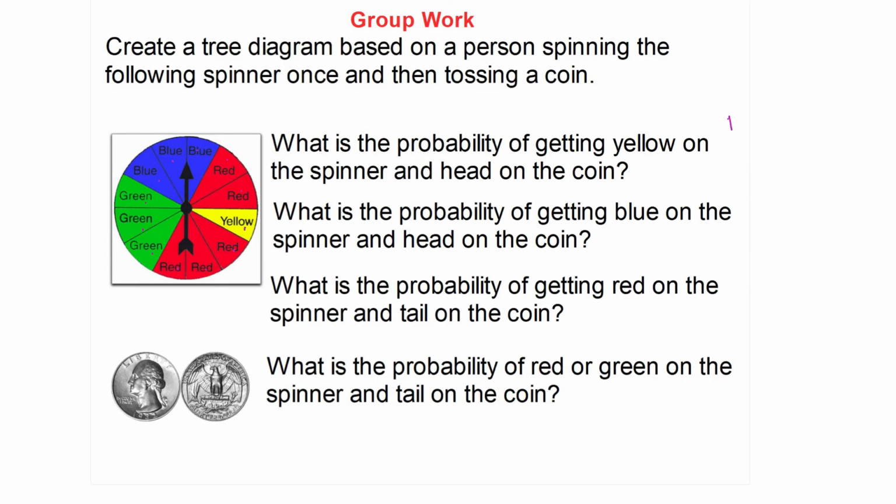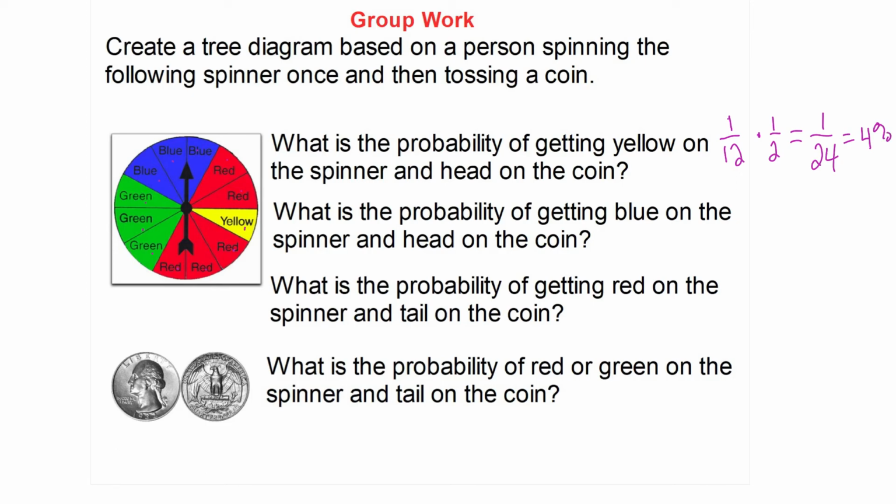So to get yellow, we have a 1 out of 12 shot. To get heads, we have a 1 out of 2. And if you have multiple probabilities, you're always going to multiply those together. So that would be a 1 out of 24 probability, which comes out to be, I'm just going to write down the percent, about 4%.